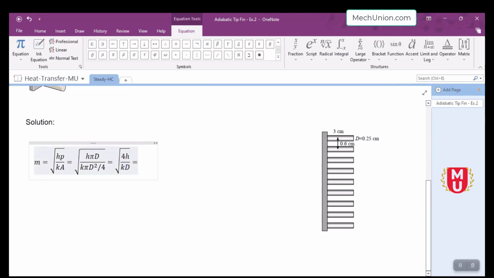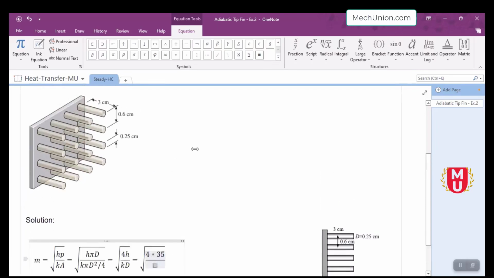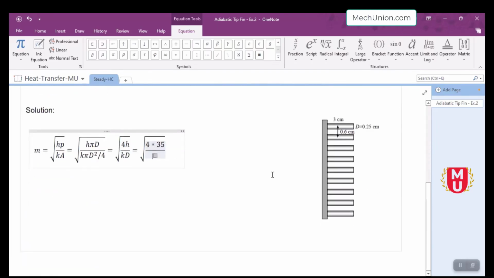And we substitute values: 4 times 35 over k, that is 237, times 0.25 times 10 to the minus 4.